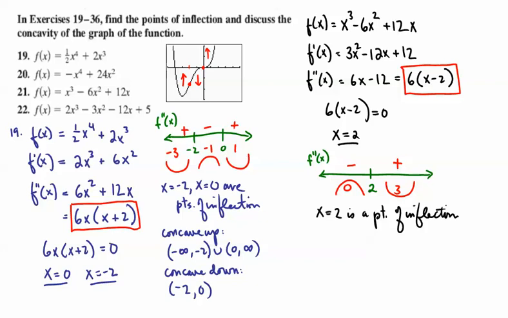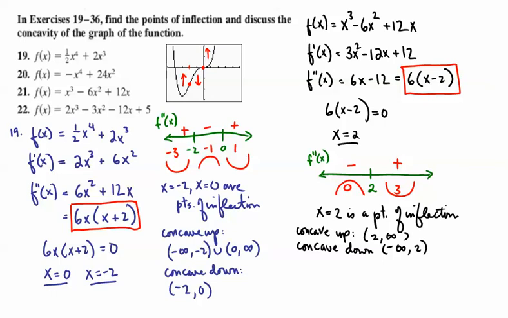Our graph is concave up from 2 to infinity, concave down from negative infinity to 2.